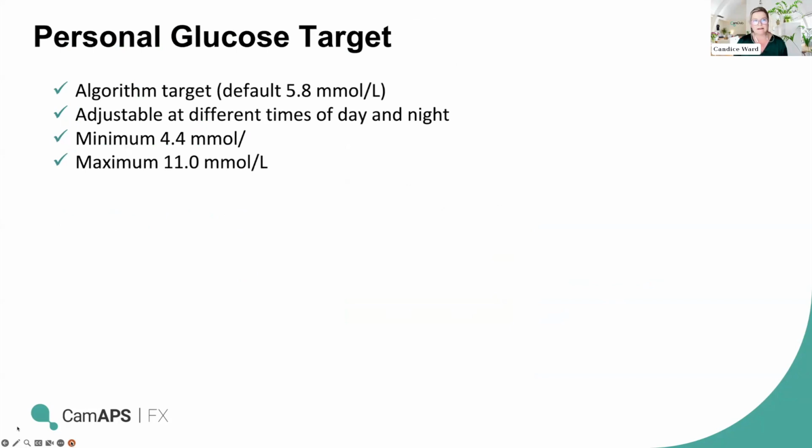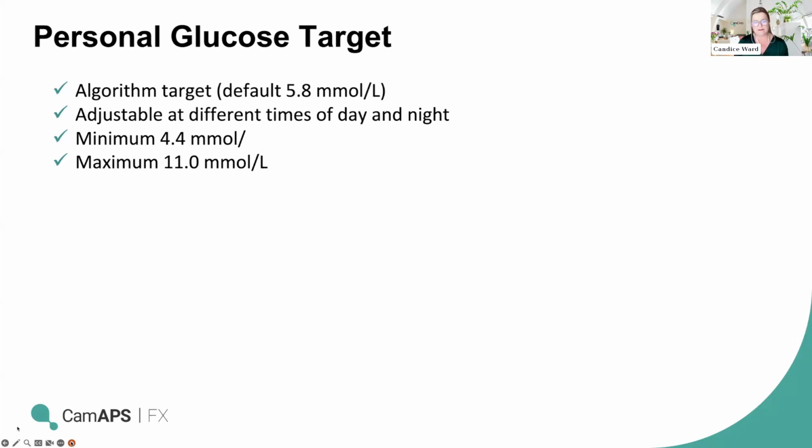So let's just remind ourselves, the preset or default personal glucose target is 5.8. And that came across from all the wider studies that we've done, that 5.8 was an optimal setting. But we can go as low as 4.4 and as high as 11.